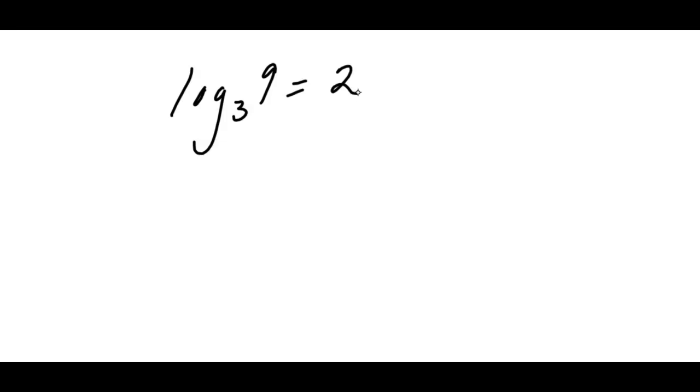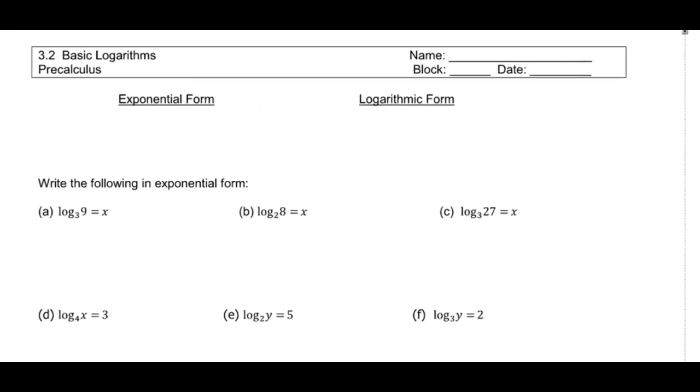Okay, so hopefully you printed off your notes. Let's take a look at our notes here. So we can go back and forth between exponential form and logarithmic form. So in your exponential form, you have your base, you have your exponent, and then you have your answer.